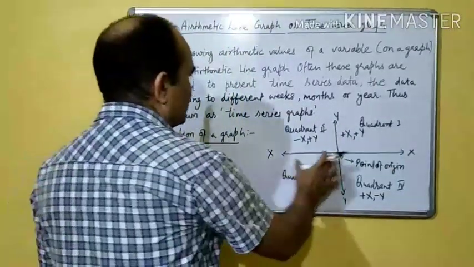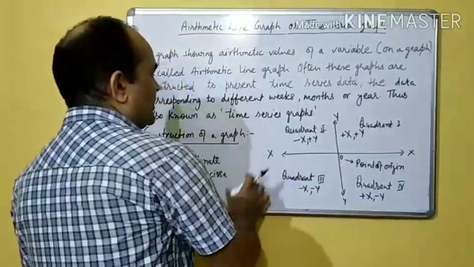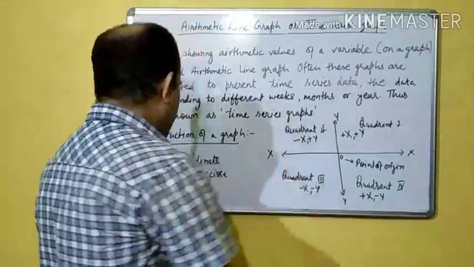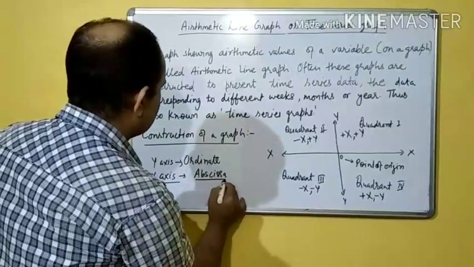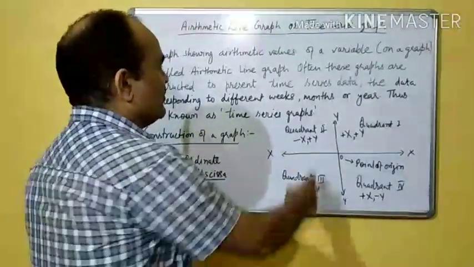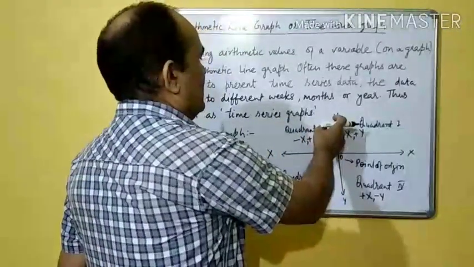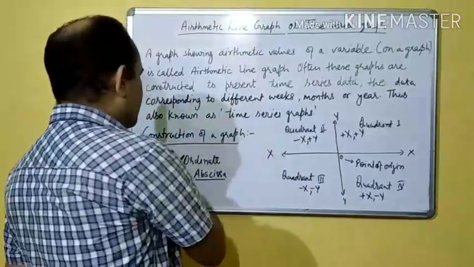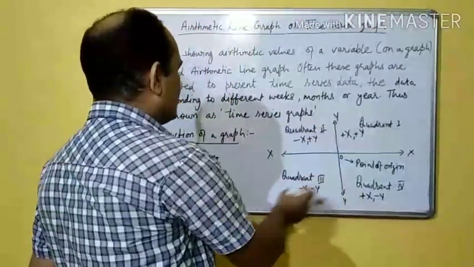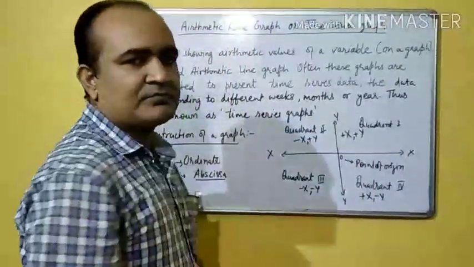This particular horizontal axis which I have denoted with X is known as X axis, and X axis is also known as abscissa, and this vertical axis which I have represented with Y is known as Y axis, and this Y axis is also known as ordinate.